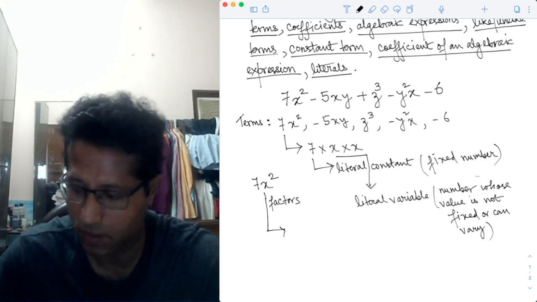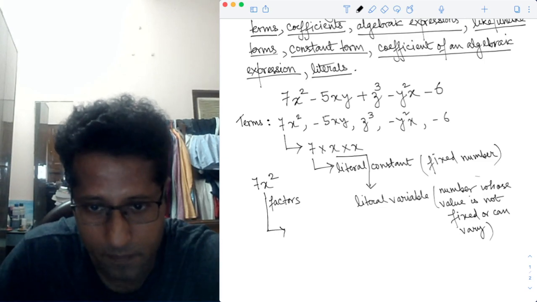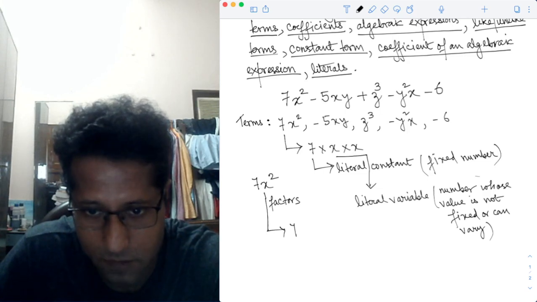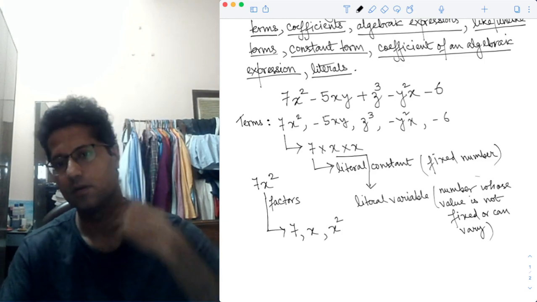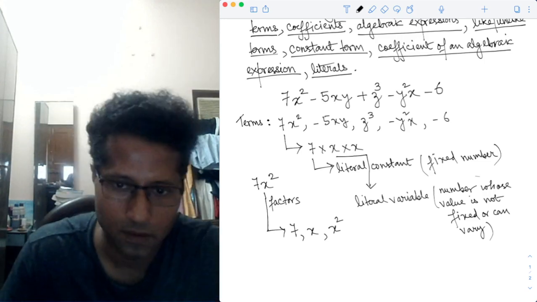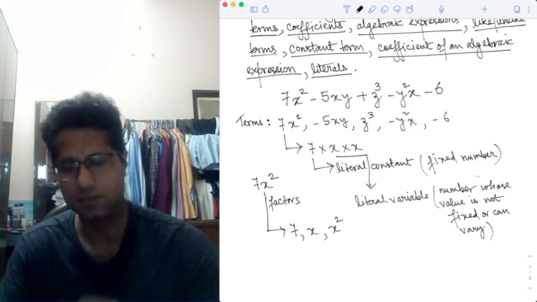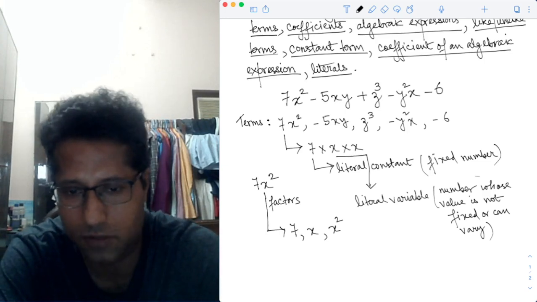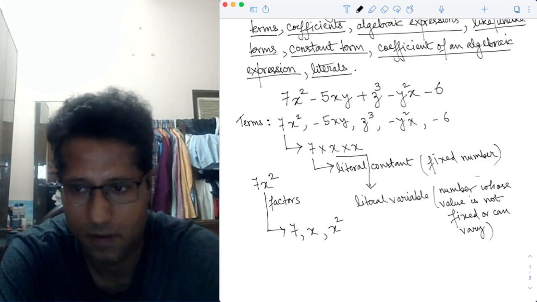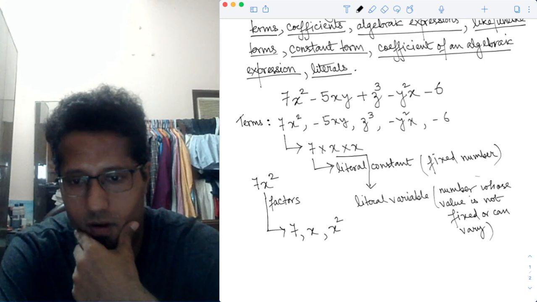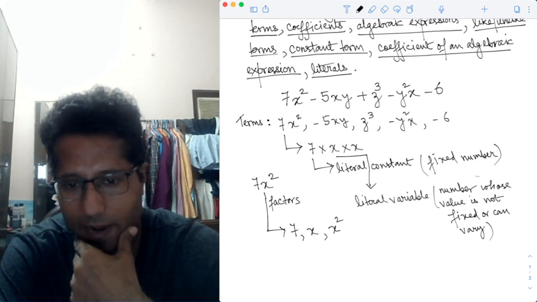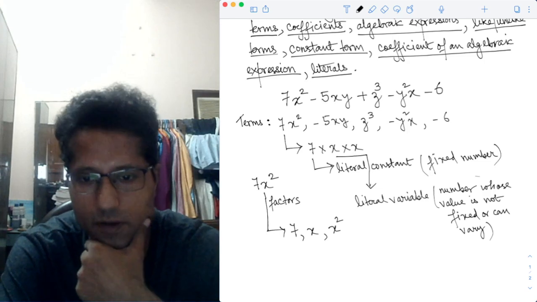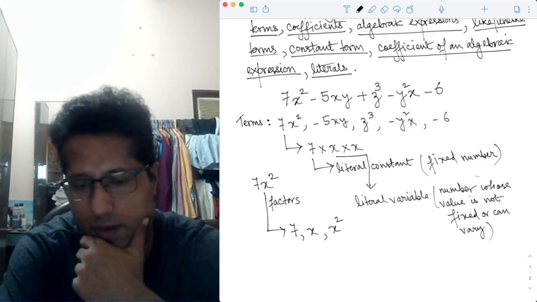So if I ask what are the factors of the term 7x square, the answer will be the factors will be 7, x and x square. 7 is a factor, x is a factor, and also x square is a factor. But do not say that 7x square is a factor. No, 7x square is a term. So you see, all the factors themselves are products of one or more constants or variables. So these are the factors of the term 7x square.